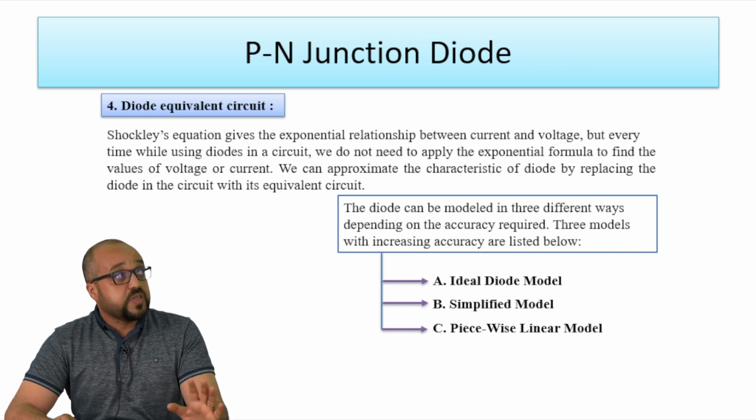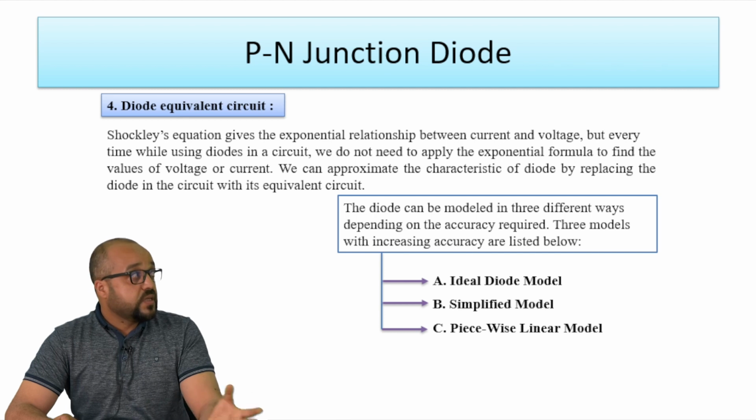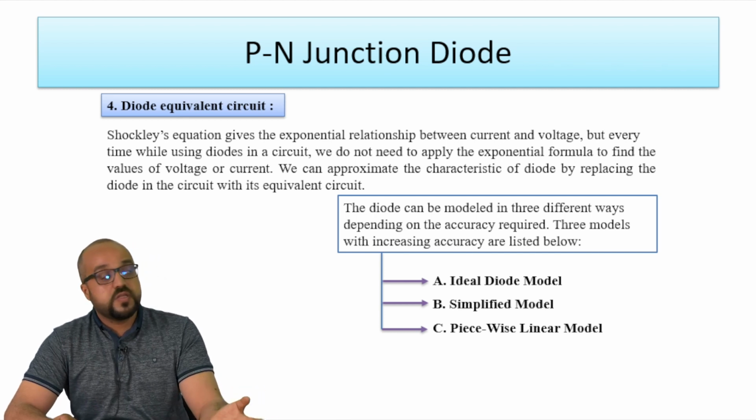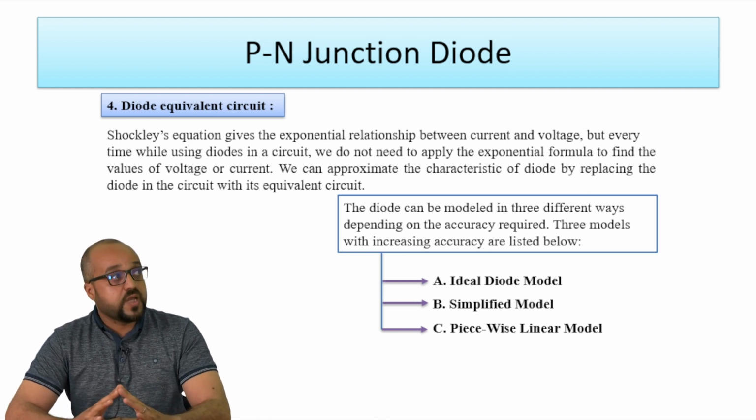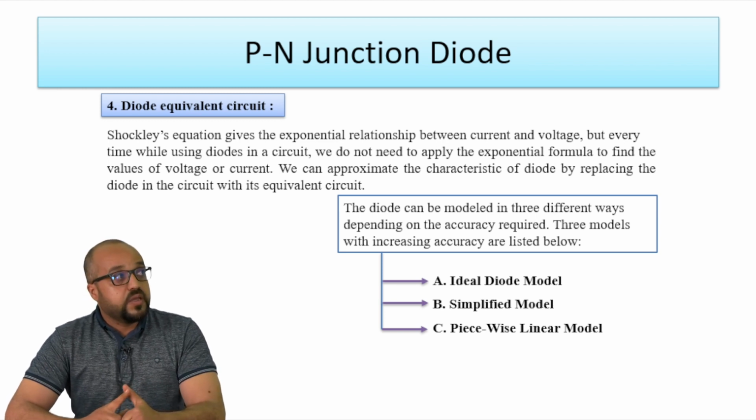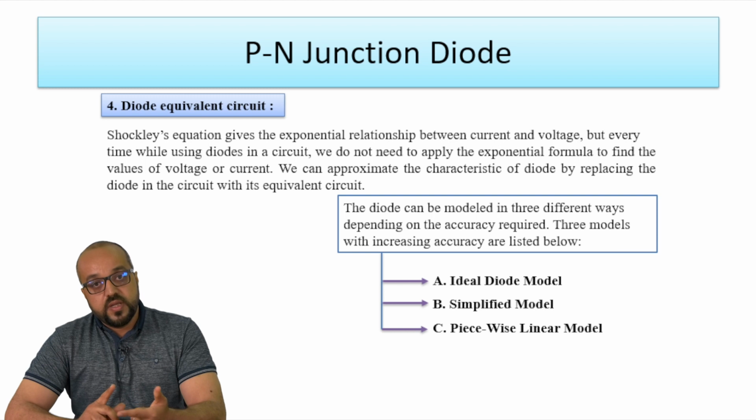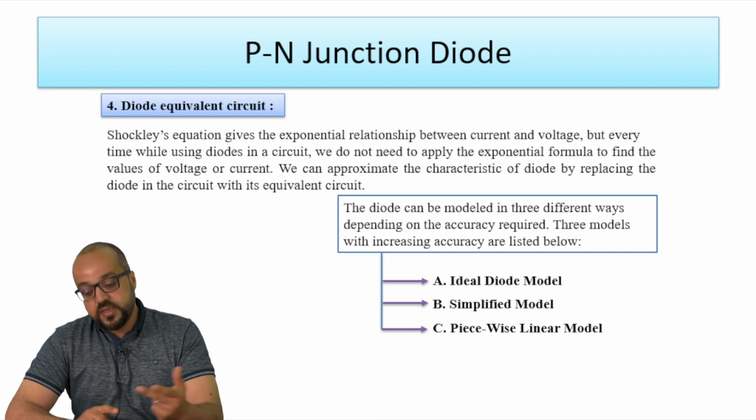We can approximate the characteristic of the diode by replacing the diode in the circuit with its equivalent circuit. In fact, to model the equivalent circuit of the diode, we have three models. First, the ideal diode model, secondly the simplified model, and finally the piecewise linear model.